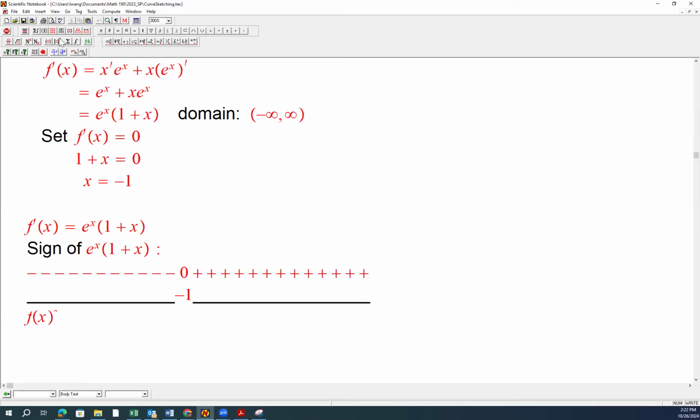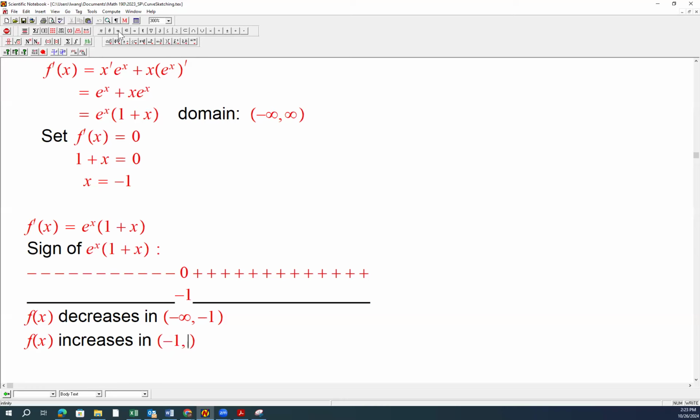So f of x decreases in the interval from negative infinity to -1, and f of x increases in the interval of -1 to positive infinity.